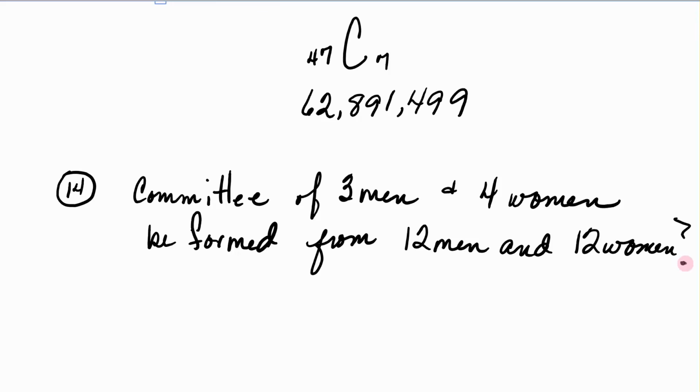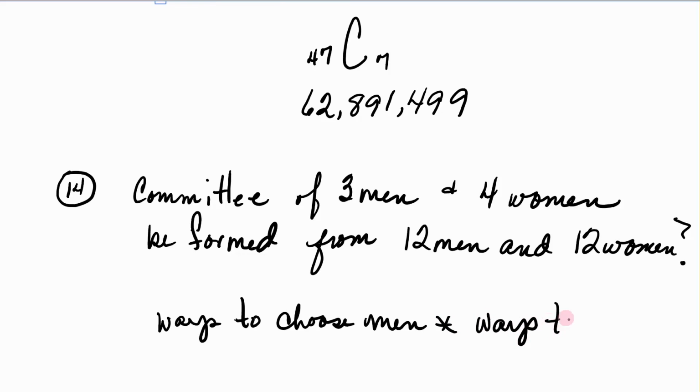In this one, we're going to find how many ways we could get our men and how many ways we could get our women. So we're going to have ways to choose men, and we're going to multiply that by the ways to choose women.